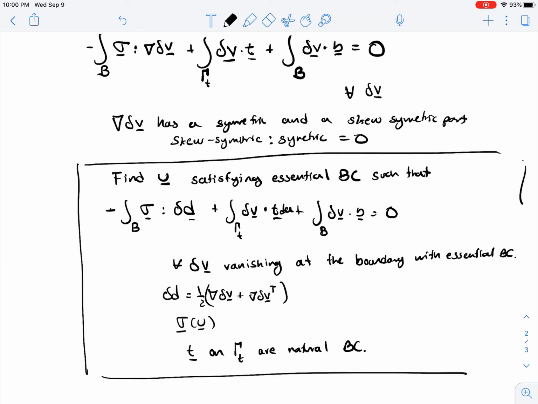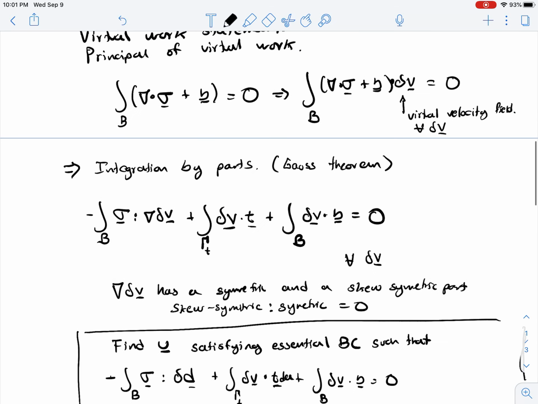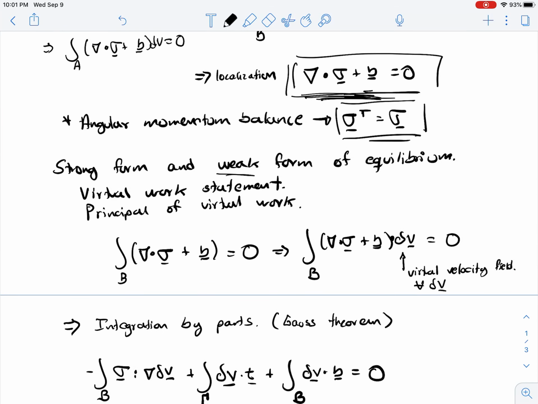or the mechanical equilibrium. As I said, the angular momentum balance just leads to the symmetry of the stress, and linear momentum balance leads to the statement above, which was this.